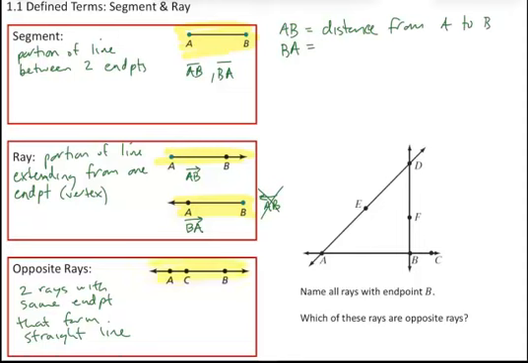So once again, here's the representation of two opposite rays. Which point do the opposite rays share, A, B, or C? C. So CA and CB, those are your opposite rays.